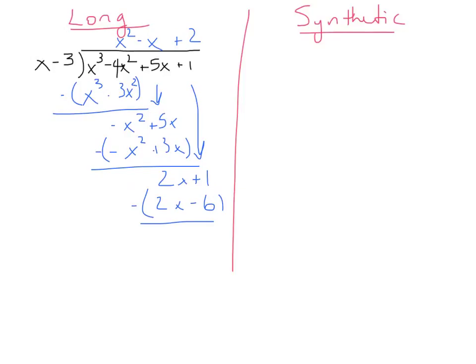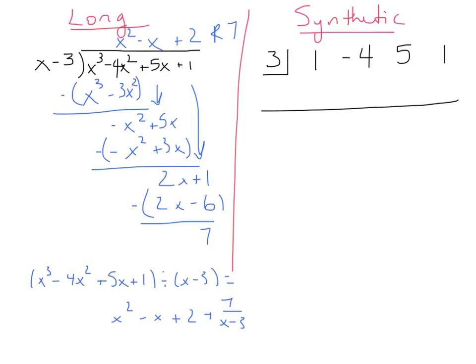Subtract, and I get 7, so I'll get a remainder of 7, meaning that if I do x cubed minus 4x squared plus 5x plus 1 divided by x minus 3, my answer is going to be x squared minus x plus 2 plus 7 over x minus 3.